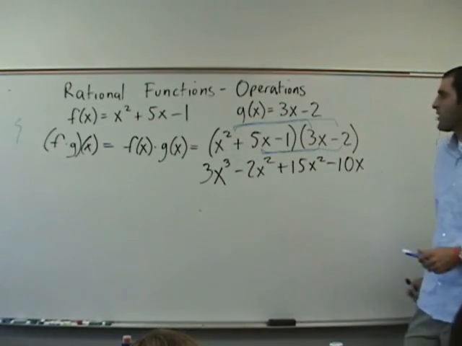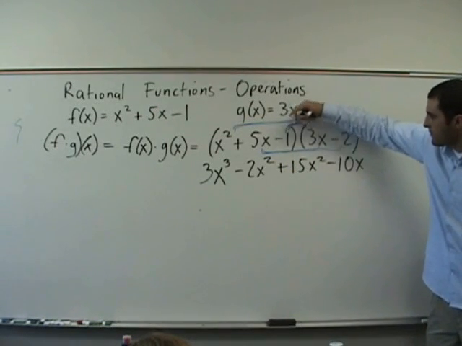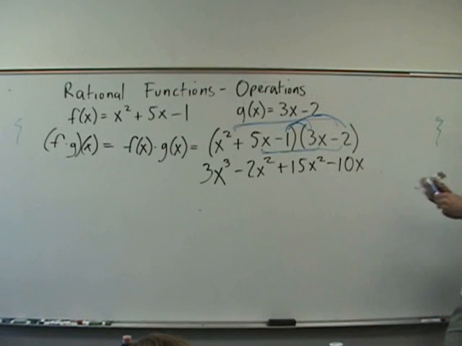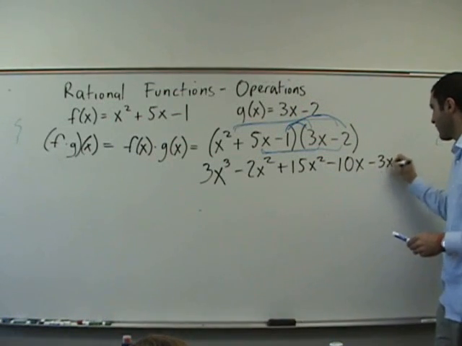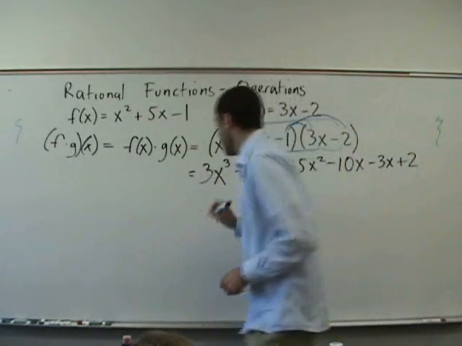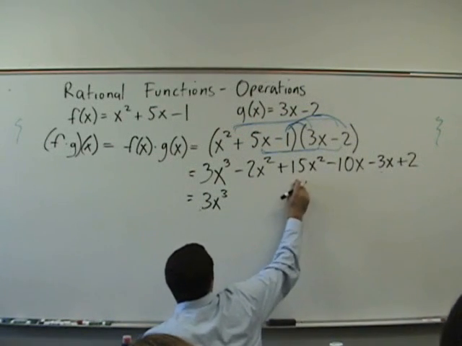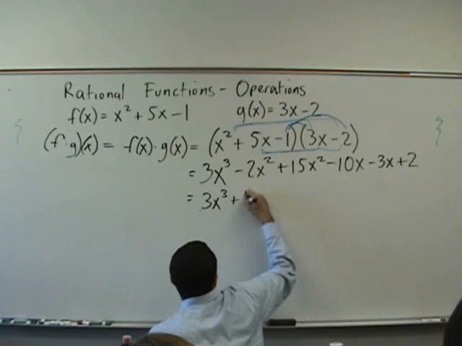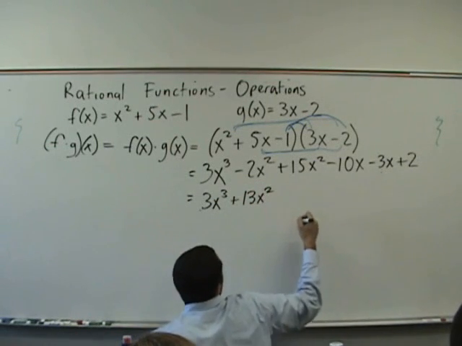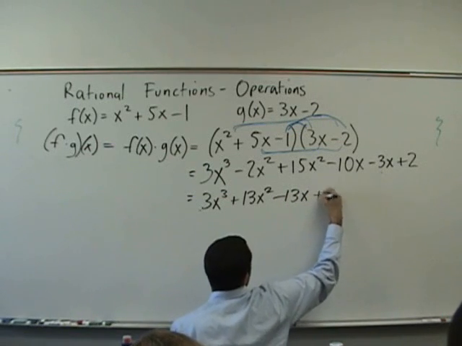Then negative 3x plus 2. Okay, combine like terms. So 3x cubed, negative 2 plus 15 is 13x squared, minus 10x minus 3x is minus 13x, plus 2.